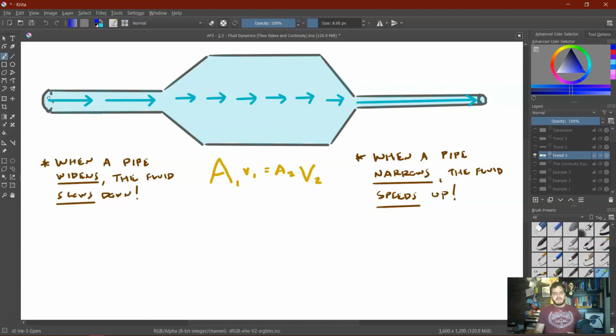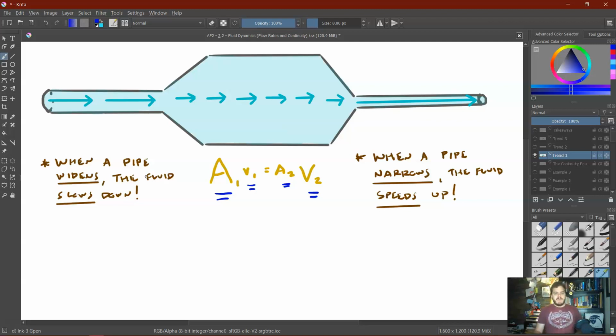We have a thinner pipe, the fluid is flowing, it gets to a wider area, the fluid literally slows down. So if I have a big cross-sectional area, I have a small fluid velocity. And then when it hits this much tinier pipe with a smaller cross-sectional area, the fluid literally speeds up and goes much faster. Now remember, this has to be for an enclosed pipe, and it must be an incompressible fluid.